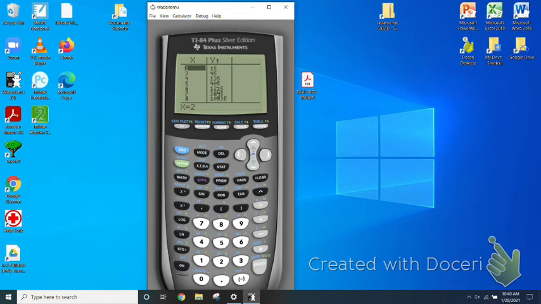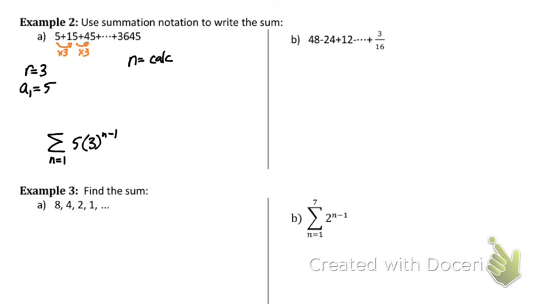That was our last term, right? Yes. So that means my n at 7 is going to equal 3645. So by using my calculator, n just equals 7. From that little table, we would have 7, and that equals 3645.